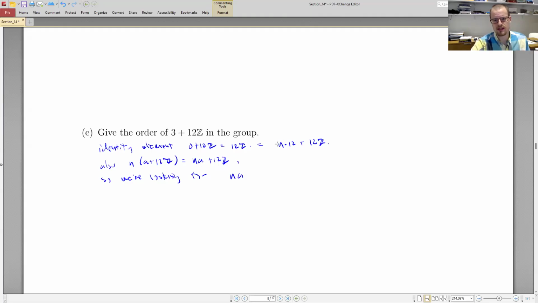So if I use a k here, then I'm looking for na to be equal to k times 12 for some n and k that are integers. But I'm looking for the smallest such n, right?